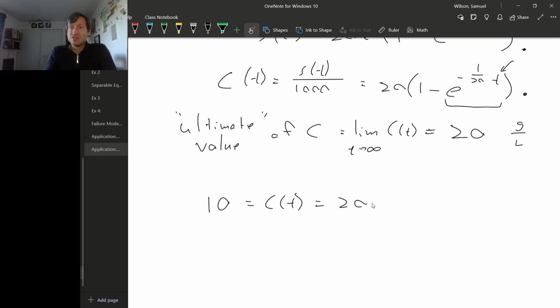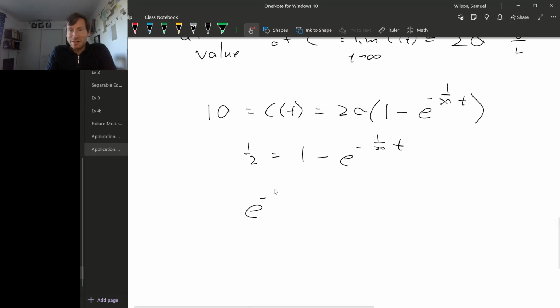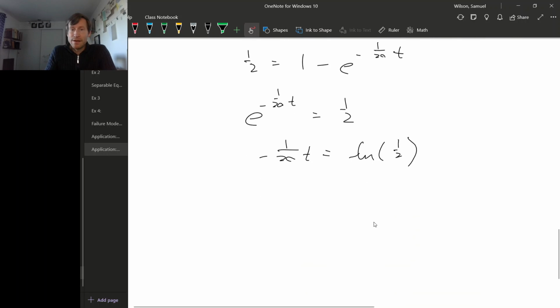And c of t is 20 times 1 minus e to the minus 1 over 20 t, and then solve. So 1/2 is 1 minus e to the minus 1 over 20 t. So e to the minus 1 over 20 t is equal to 1/2. And then take natural logs. Minus 1 over 20 t is the natural log of 1/2. And so t is minus 20 times the natural log of 1/2.